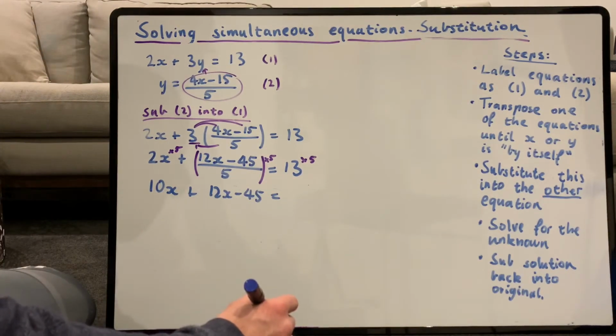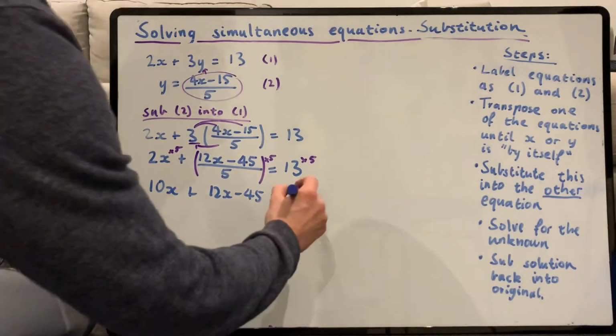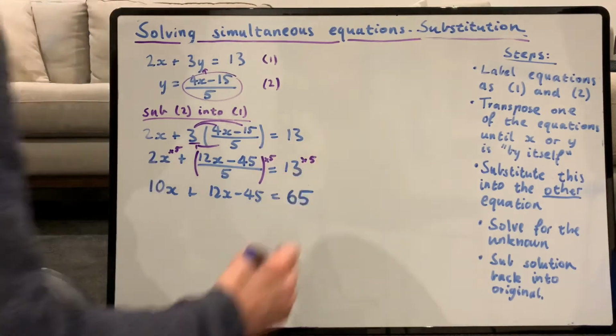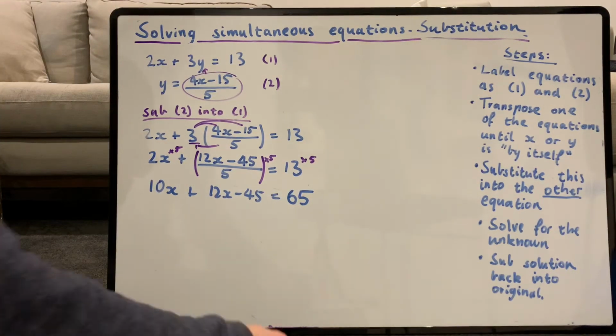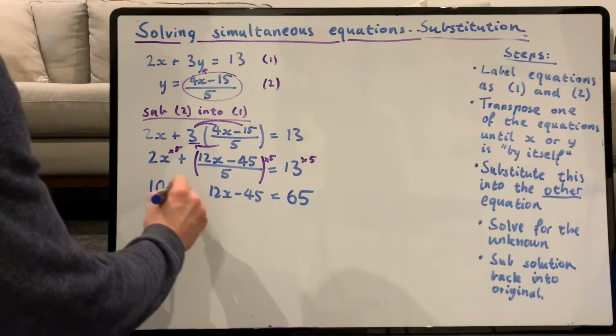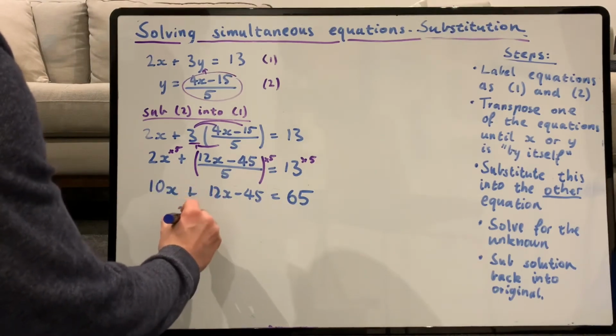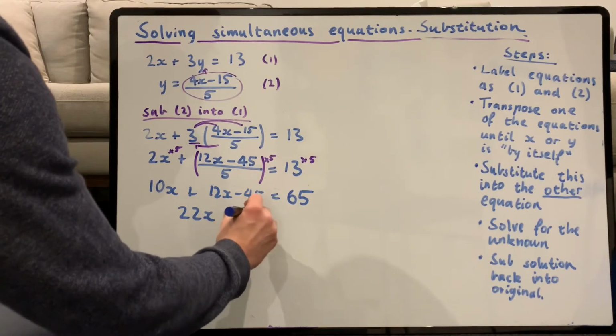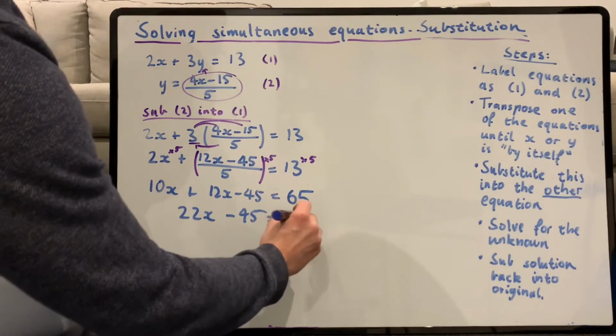Oh gosh, what's 13 times 5? 65, I believe. Okay. 10x plus 12x is 22x. Minus 45 equals 65.